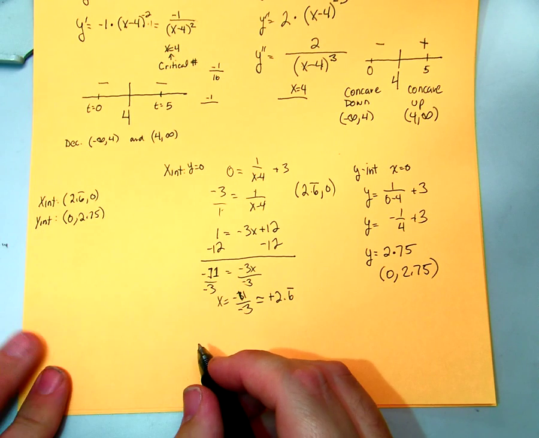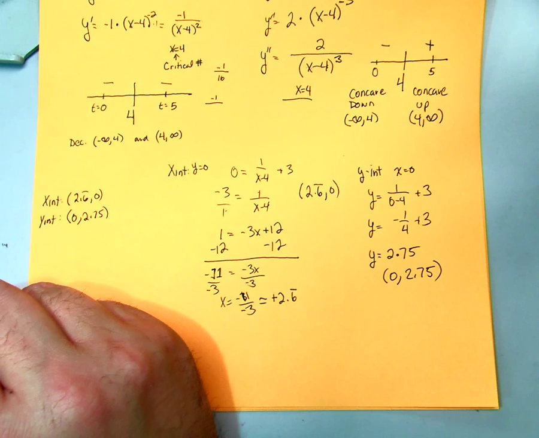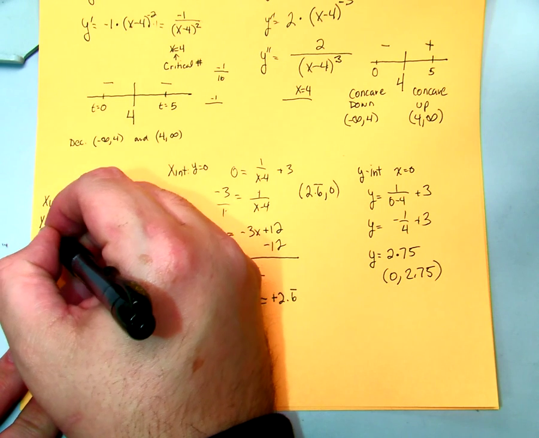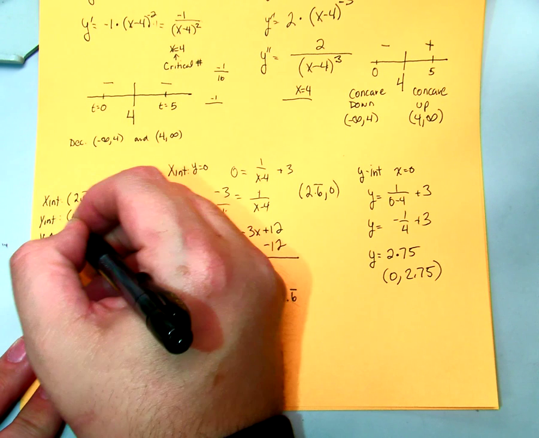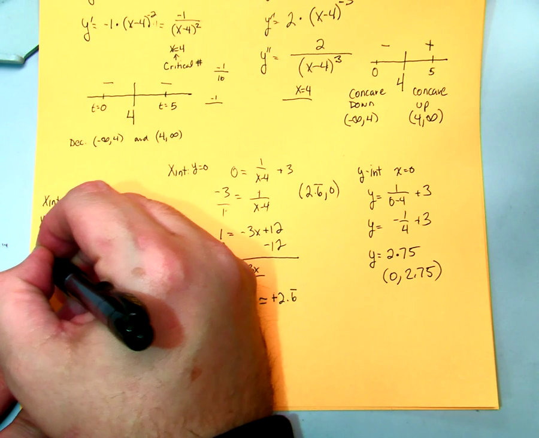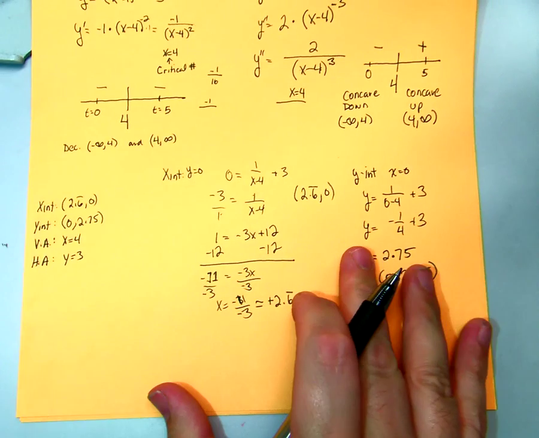Let's see here. Did I get a vertical asymptote? X equals 4. Did I get a horizontal asymptote? I hope it's y equals 3. I'll be honest, I'm usually very poor with horizontal asymptotes.